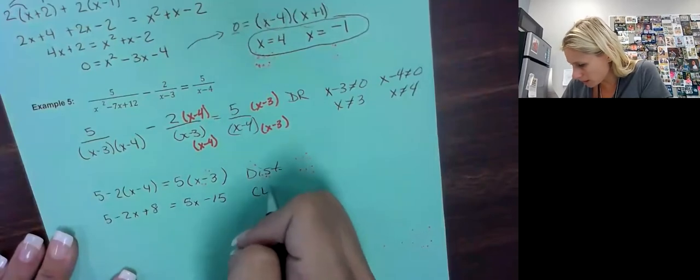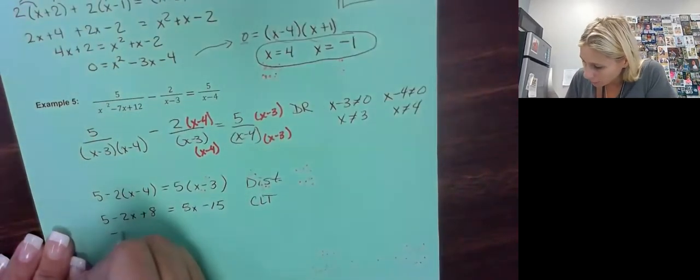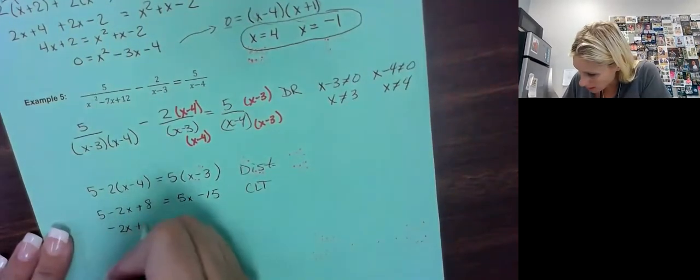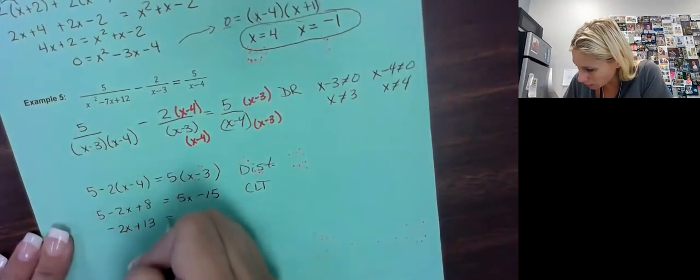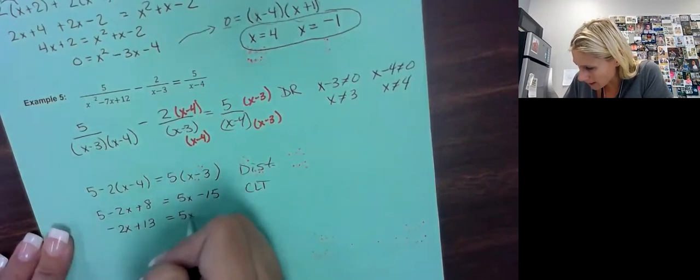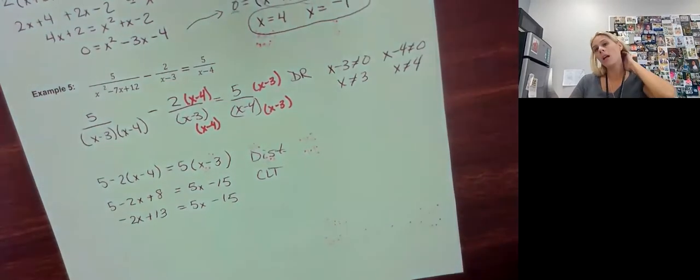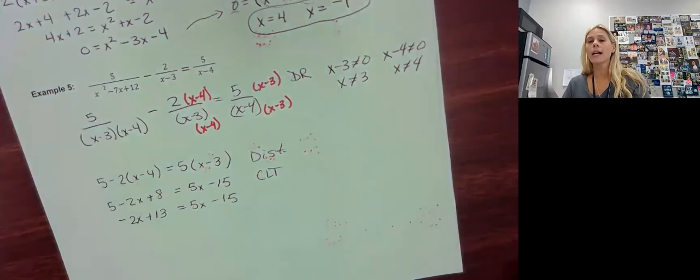Combine like terms. Negative 2x, what is that? 13 equals 5x minus 15. All right. Some of you like to move your x's all the way to the left side, no matter what. Some of you like it where you have a positive x. I like the positive x.